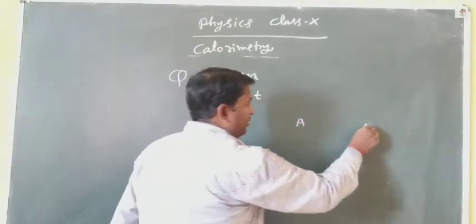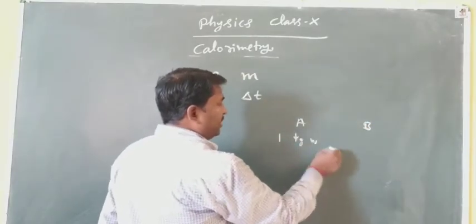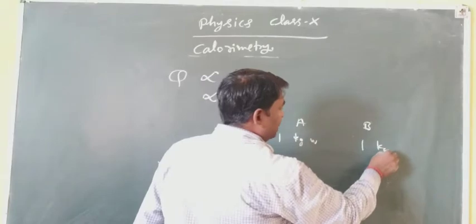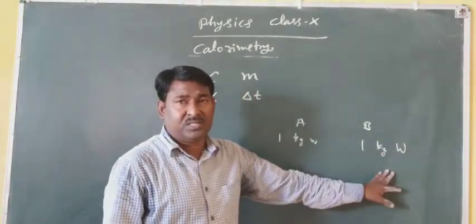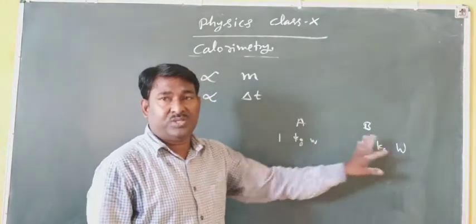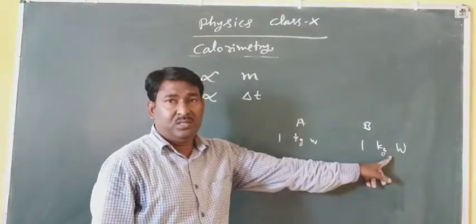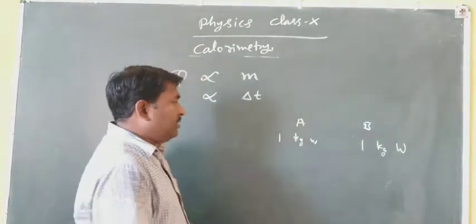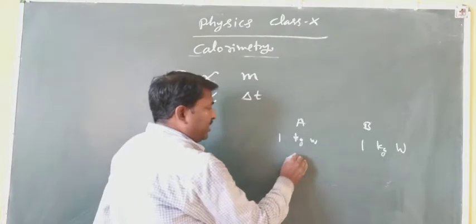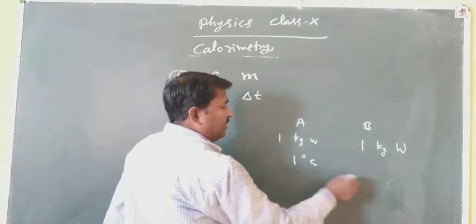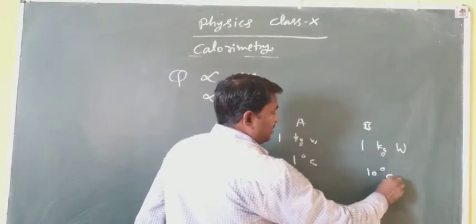Again, take the same bodies, suppose 1 kg of water, keeping the mass the same. Here we have taken the same masses and also the same substance. Suppose water is here, and here also water, and here I would like to increase the temperature by 1 degree centigrade, and here by 10 degree centigrade.